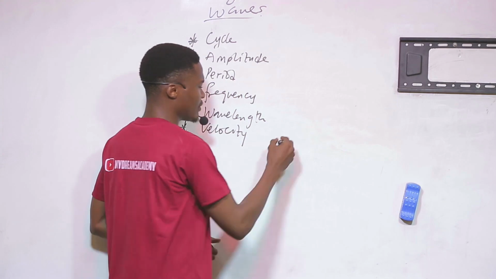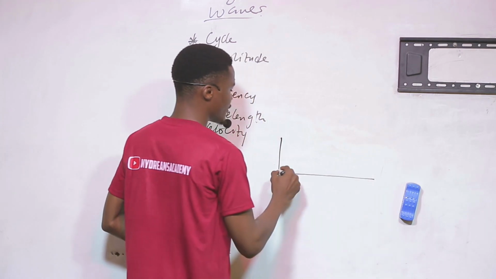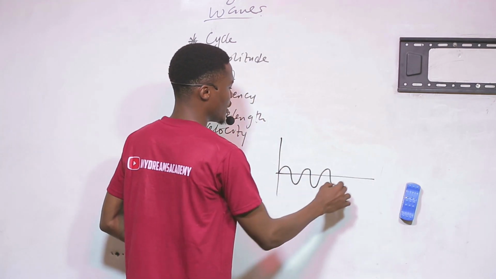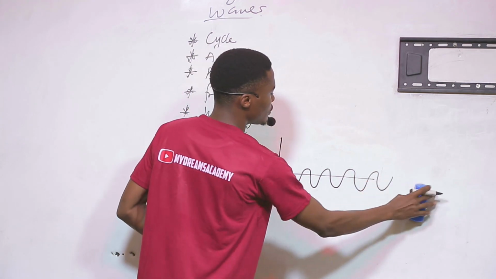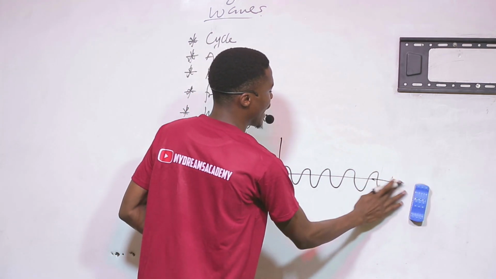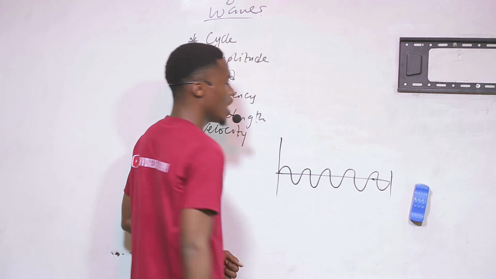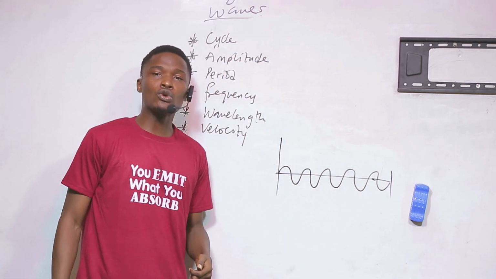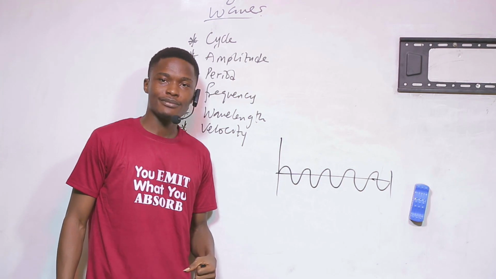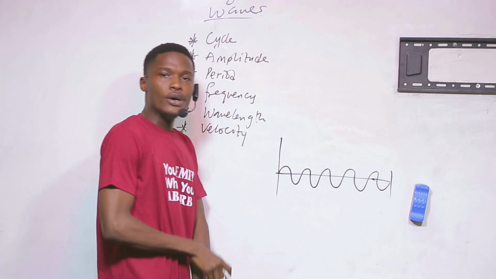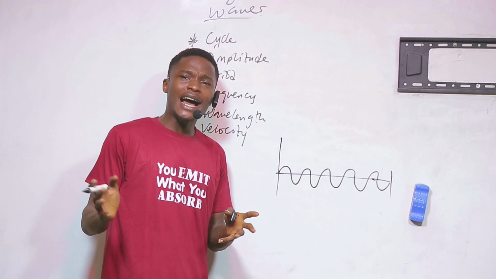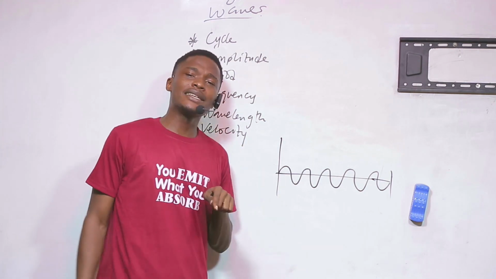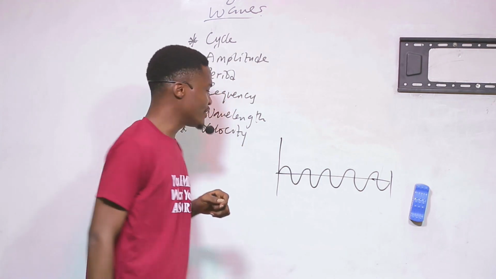Now, if you understand what I have just done, look at this. Imagine I have something like this. Now I want you to pause the video and tell me how many cycles you can see here. If you got the answer, just comment it in the comment section of this video.